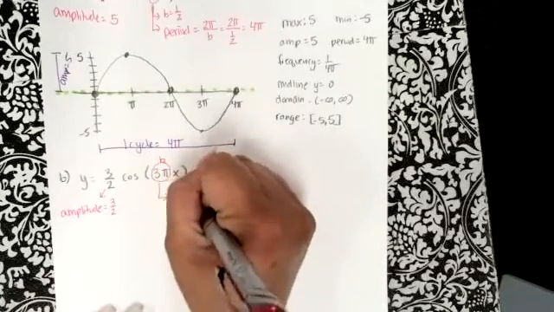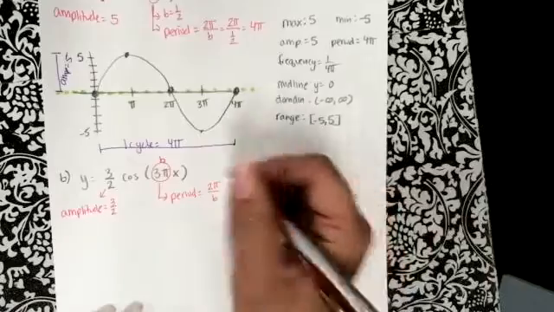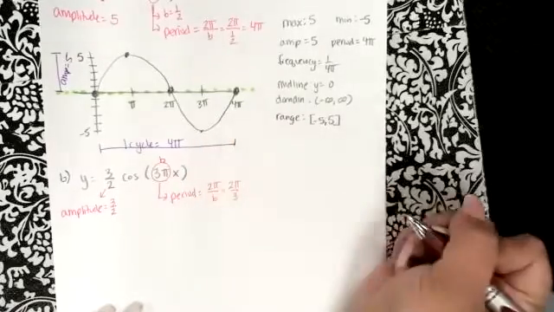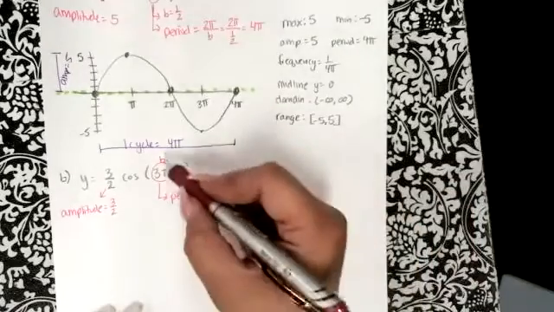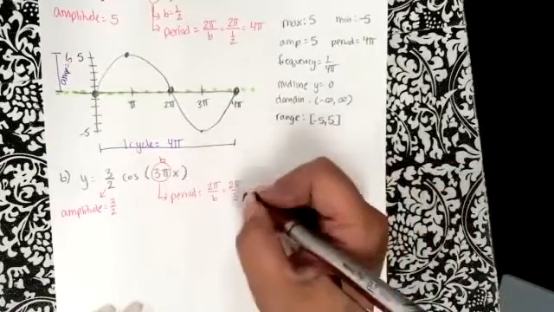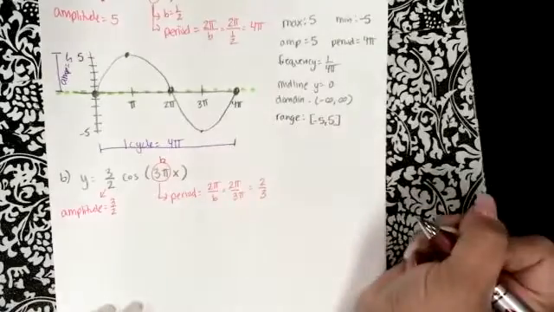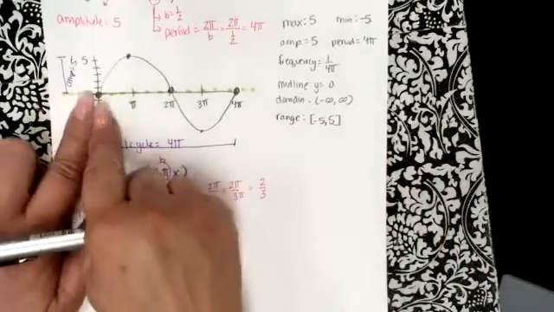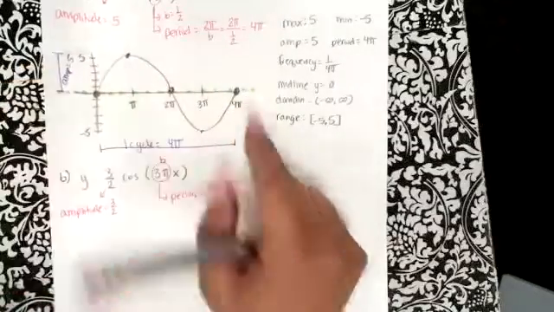Period is equal to 2 pi divided by B. So since the B is 3 pi, I'm going to put 2 pi divided by 3 pi. So here the pi's cancel out, and I'm just left with a 2/3. So since the period is 2/3, I'm basically going to go to 2/3 and do 4 markings in between.